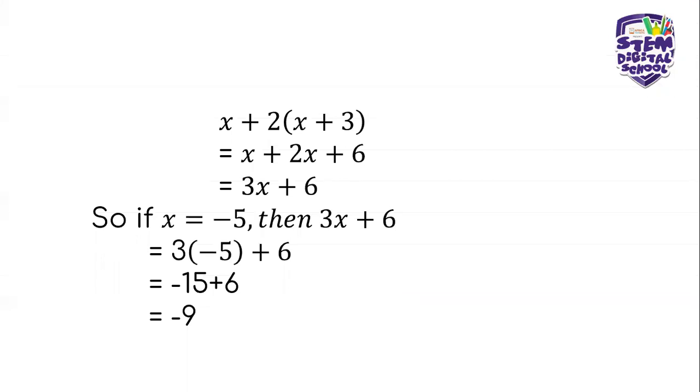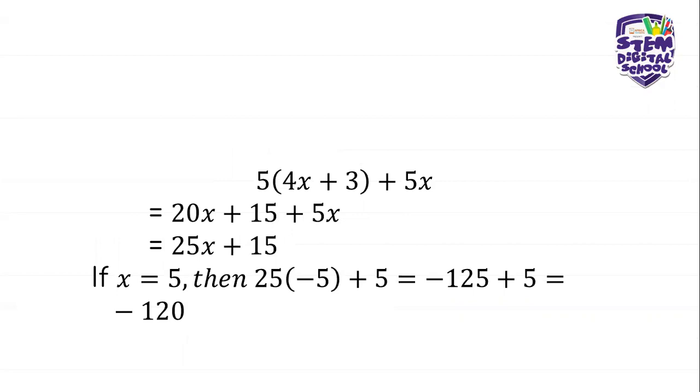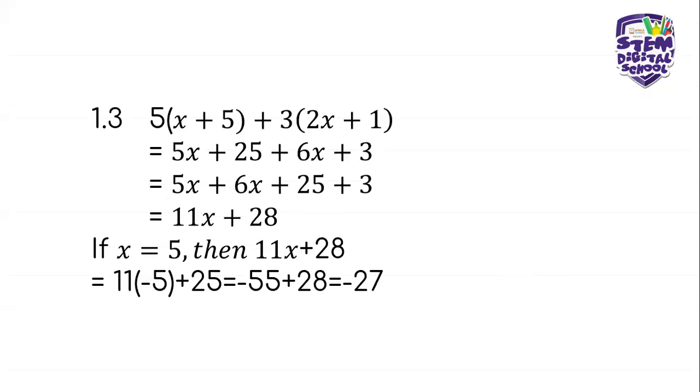All right. And then the second one, once again, you simply find this particular activity, you just substitute -5, and then you can also substitute it there in 1.3.